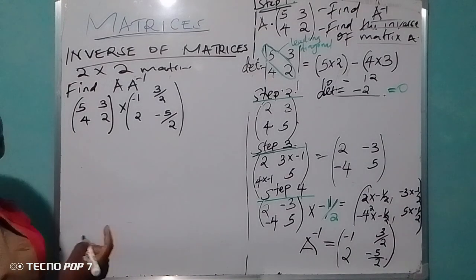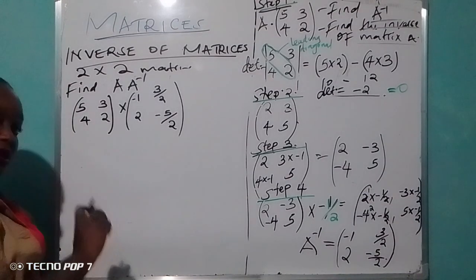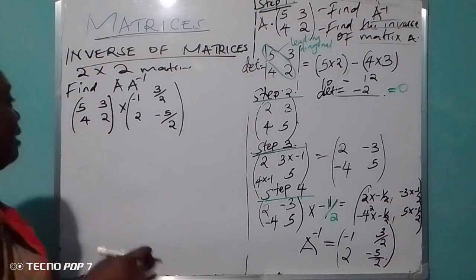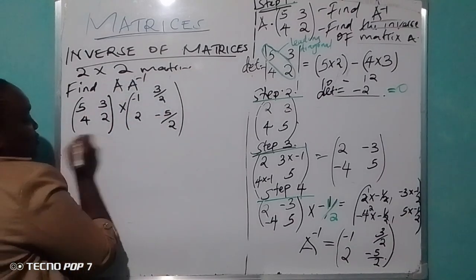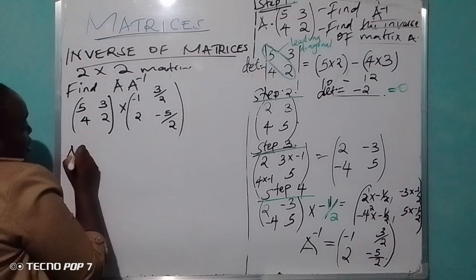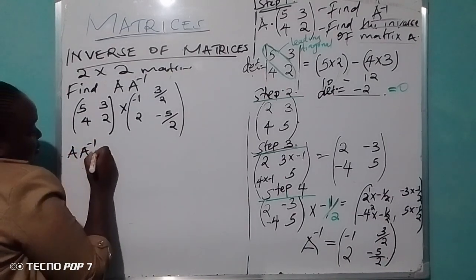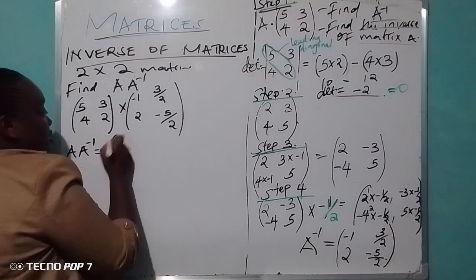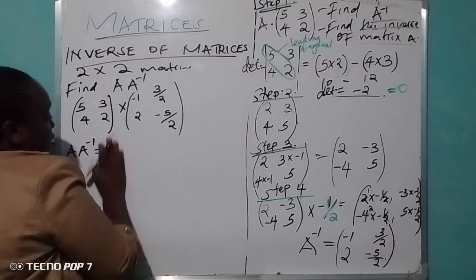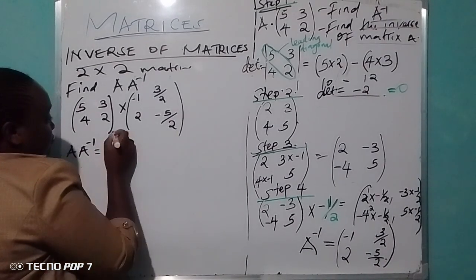So when you are multiplying, tulisema you multiply row each column. Row each column, row each column. So we start as so A inverse is equals to natumia space kubwa, handwriting yangu ni kubwa sana. So anyway, yeah.